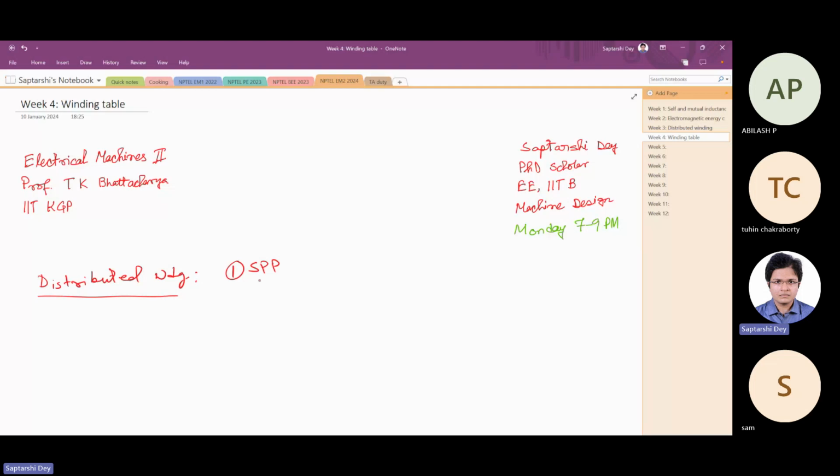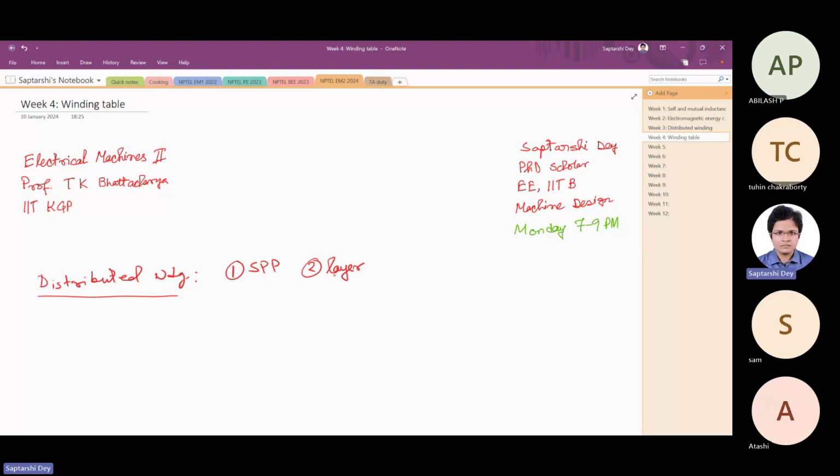One we saw in the last class, that is slots per pole per phase. Second is something that we call layer, that also we saw, double layer and single layer windings. And there is something called throw, coil throw, also short pitching, which we have seen last day.